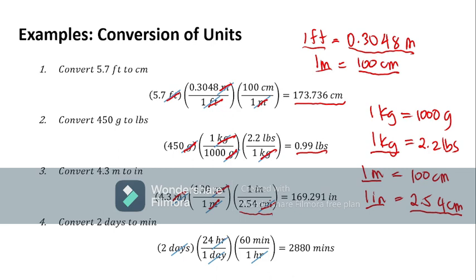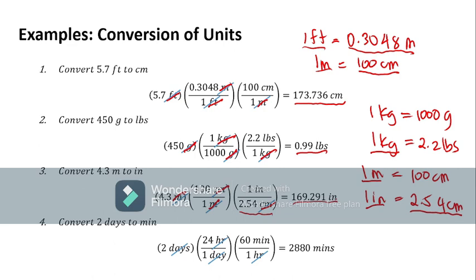So, the target unit, inches, is in the numerator. Therefore, siya magiging final unit natin, which is tama naman. So, simplify, 4.3 times 100 divided by 1 times 1 all over 2.54, so we will have 169.291 inches.